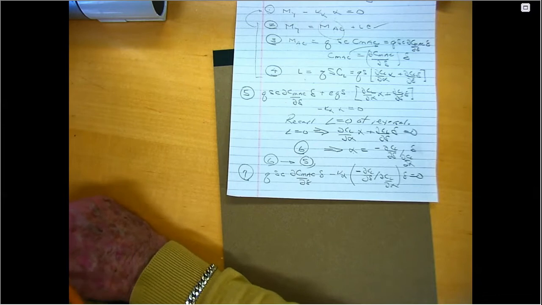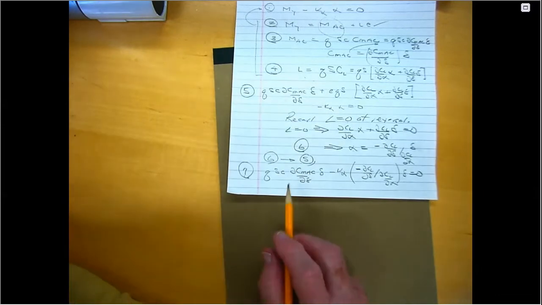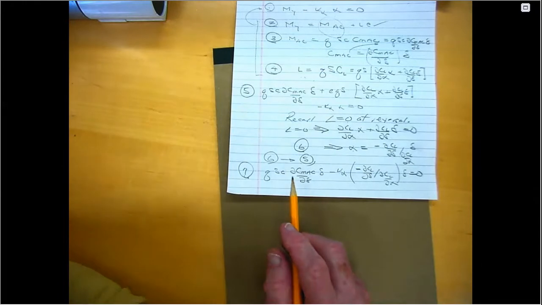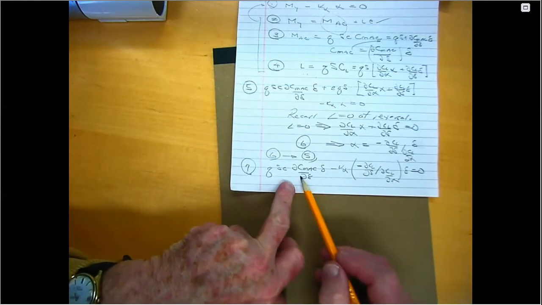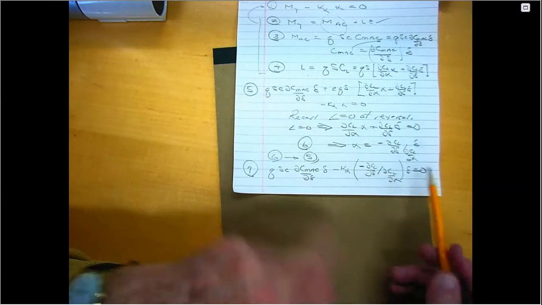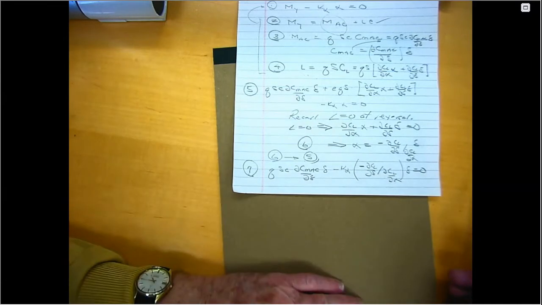Okay, now let's look at the equation. Again, there are two possibilities. One would be that delta is 0. That's not a very interesting possibility, but that could happen. But what we're interested in is the case where delta is not 0, but somehow this equation can still be satisfied. Well, this equation can still be satisfied if the coefficients of the delta terms sum up to 0, right?